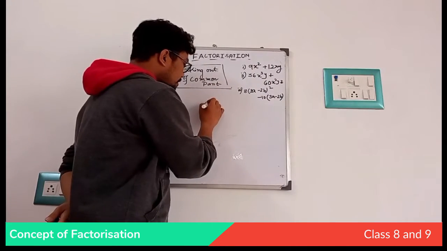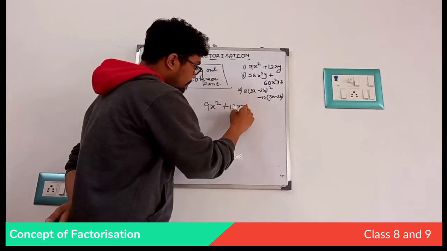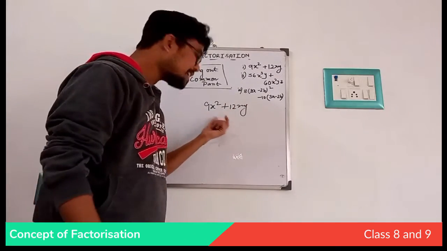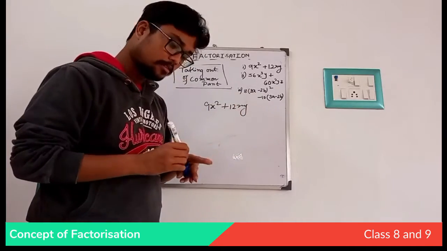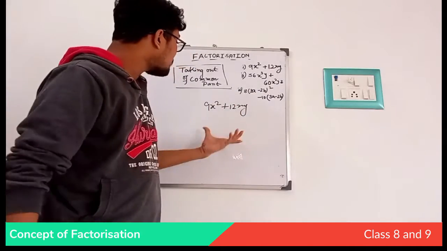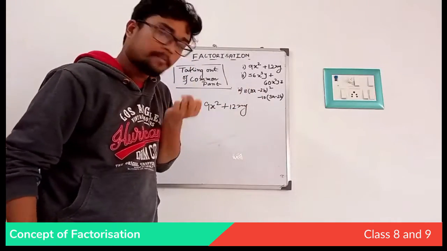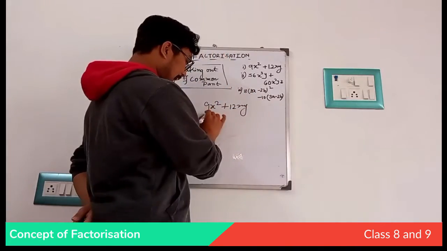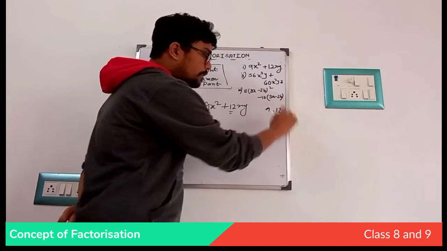Suppose 9x square plus 12xy. This is a mixed problem of constants and variables, where 9 and 12 are constants, and x, y are variables. Now what is the procedure of taking common from both terms? First, look at the constants very carefully. 9 and 12.